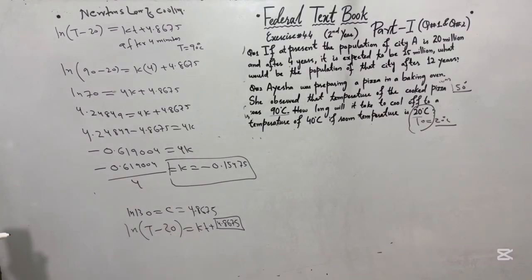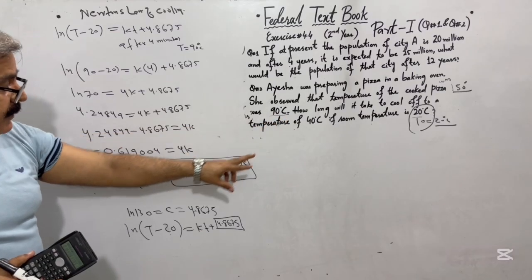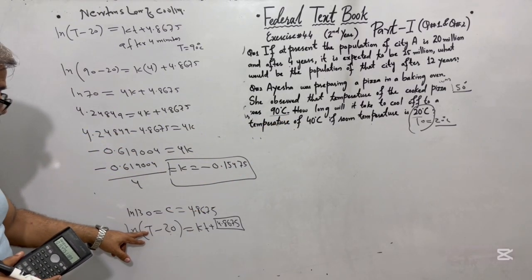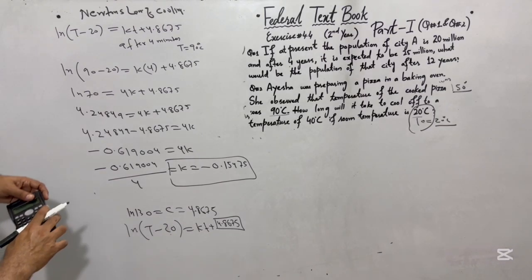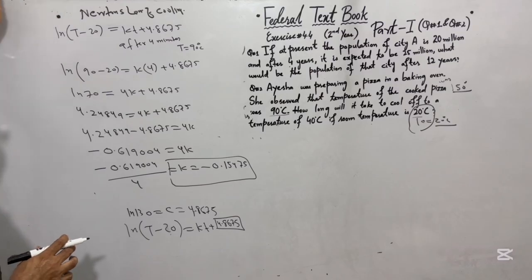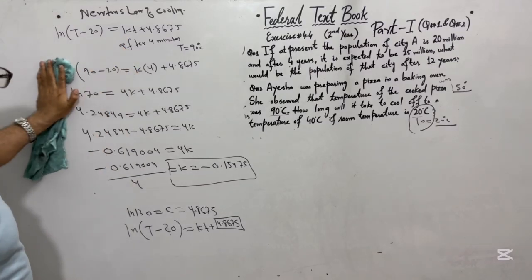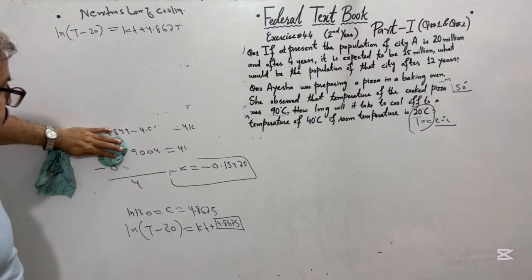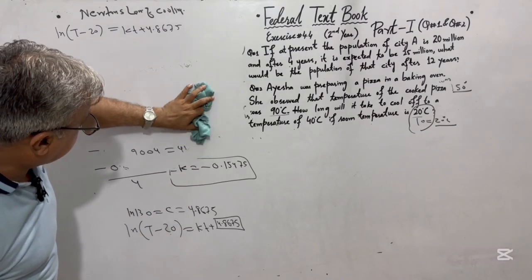Then now we are asked to find when the temperature is 40 degrees Celsius. When temperature is 40 degrees Celsius, we utilize 40 instead of this temperature T and solve for this t. Let me write the value of K here. What is the value of K? Sorry, I have almost made a mistake by rubbing this.